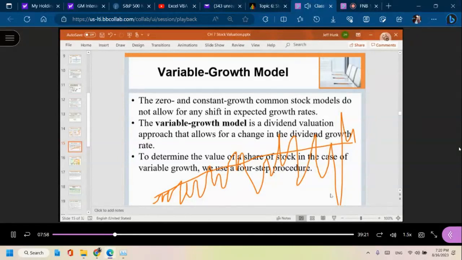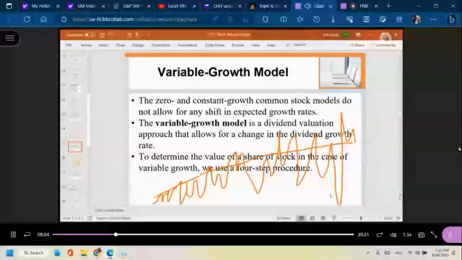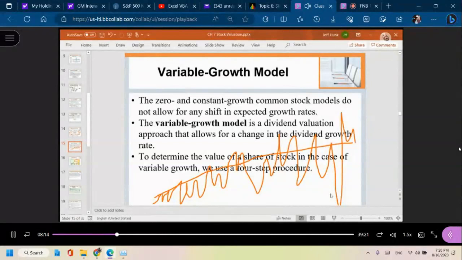But again, think about it. Growth at a constant rate comes only at a phase when the company has obtained a certain steady phase.